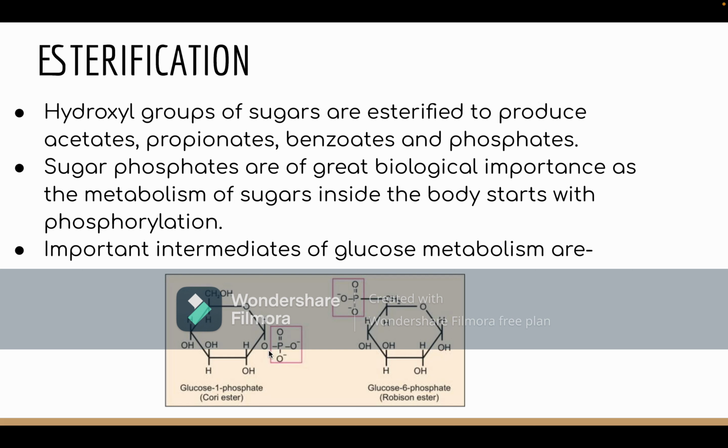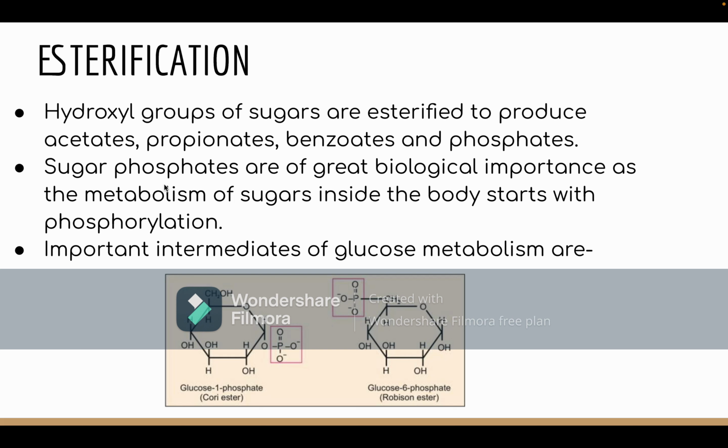So we can see here in glucose, the hydroxyl group present on the first carbon atom is esterified to form glucose 1-phosphate or Cori ester. Similarly here, the hydroxyl group on the last carbon of sugars is esterified to form glucose 6-phosphate, which is Robison ester.